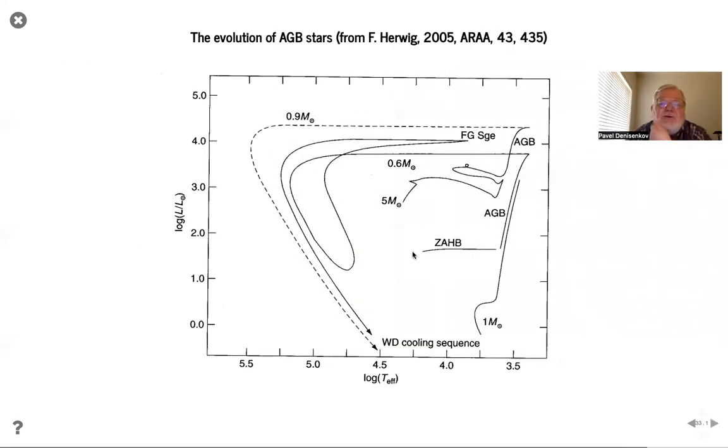Okay, so this slide shows the main evolutionary phases in the evolution of a solar mass star as well as an intermediate mass star with initial mass 5 solar masses. As you can see, this is a theoretical Hertzsprung-Russell diagram, because we plot here luminosity as a function of effective temperature, the surface temperature of the star.